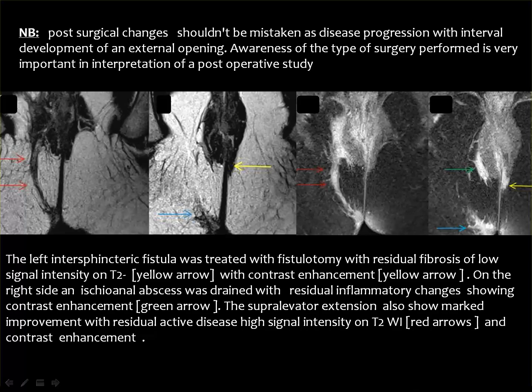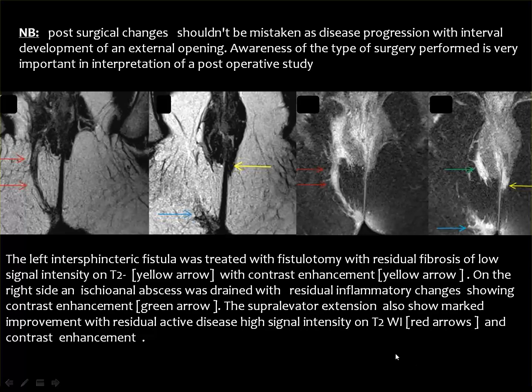One of the important issues is after treatment of the anal fistula, you get some granulation tissue and fibrosis at the site of the healed fistula. If you inject this granulation tissue with contrast, it will enhance. Then you should discriminate whether there is residual activity in the fistula, or there is an abscess, for example, or this is just healing granulation tissue at the site of the fistula tract.